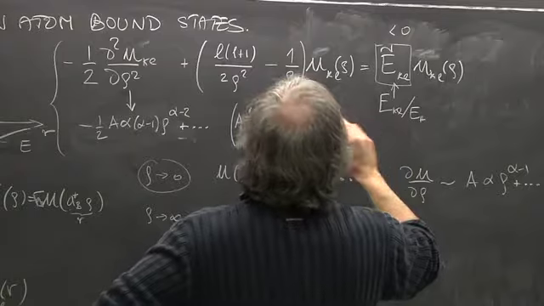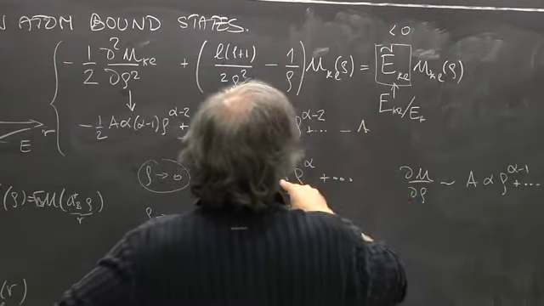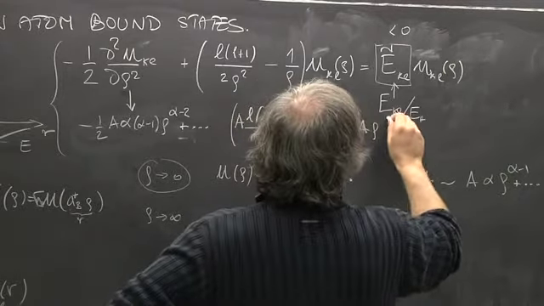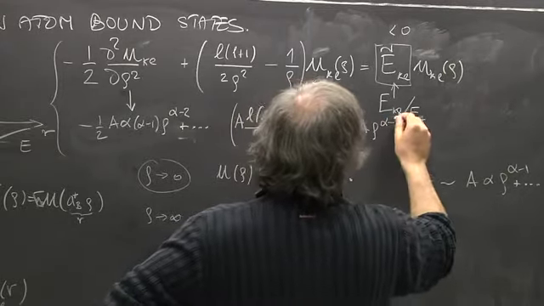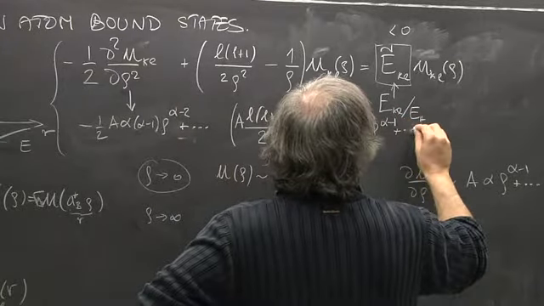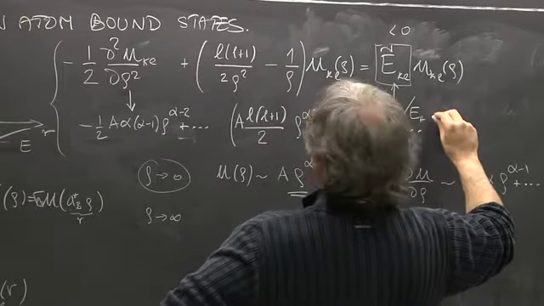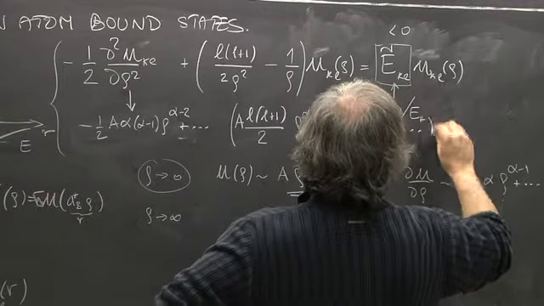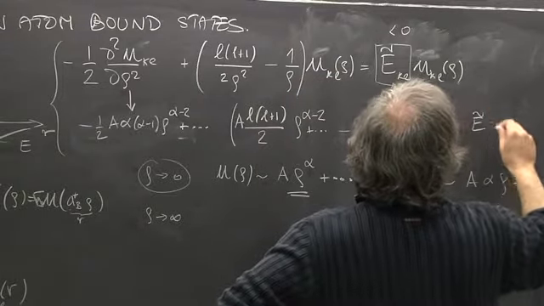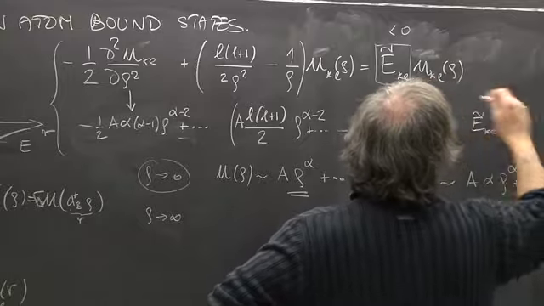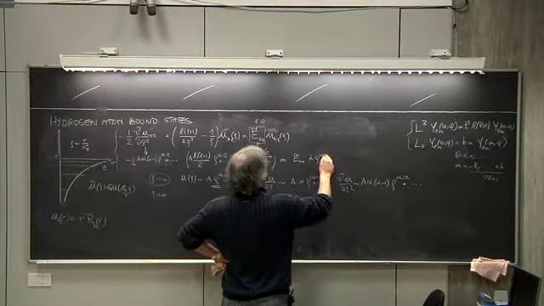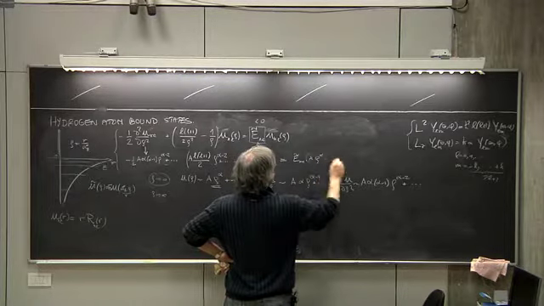Well, this has minus A in front of everything, and then I have rho to the alpha divided by rho, so minus 1, plus the usual dots. And this is it for this term. And then all this should be equal to this unknown constant times A rho to the power alpha plus dots.